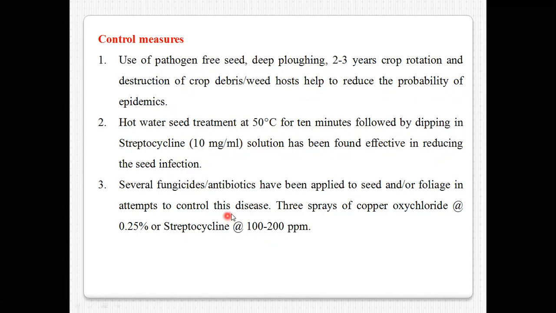Then spray an antibiotic product, that is copper oxychloride or streptocycline, at the rate of 100 to 200 ppm solution when the infection is seen in the early and late season growing periods of the bean crops. So this is the brief information about the common blight disease seen in beans.